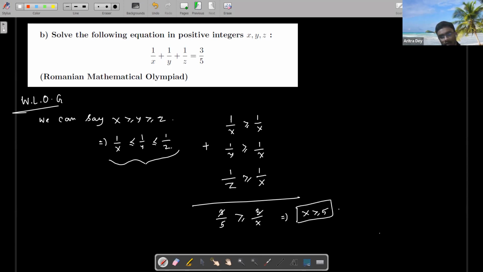This side is not very helpful. How is x lesser than or equal to 5 coming?